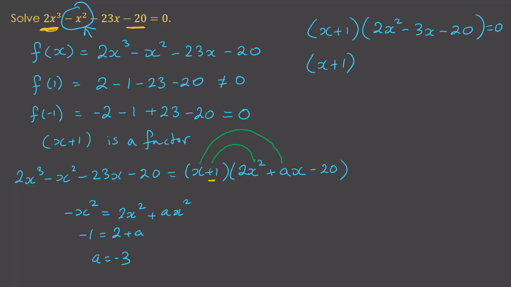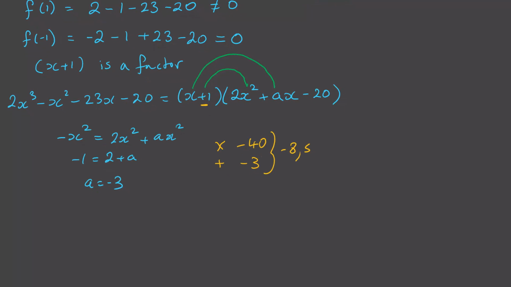So I'm looking for numbers that multiply together to give me 2 times negative 20, which is negative 40, and which add together to give me negative 3. Negative 8 and 5 will do that. So let's just go to the side and do that. So we have 2x squared minus 3x minus 20.